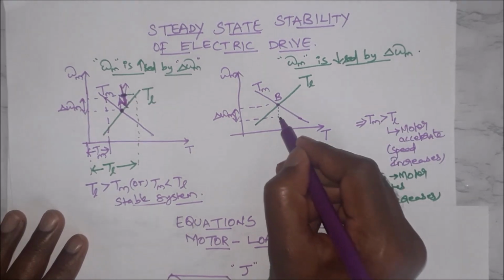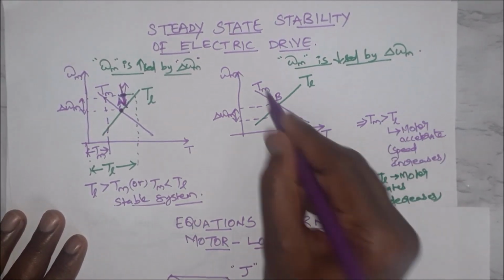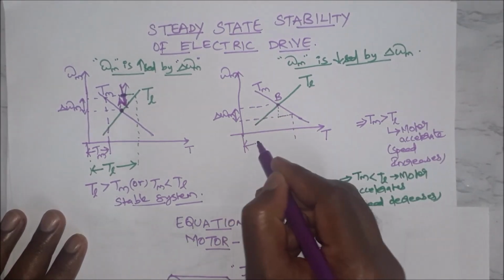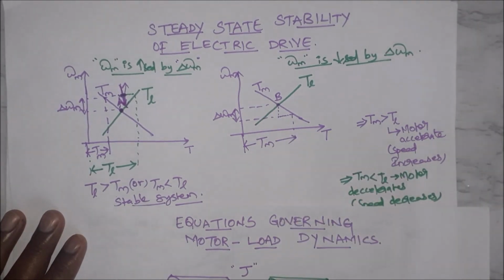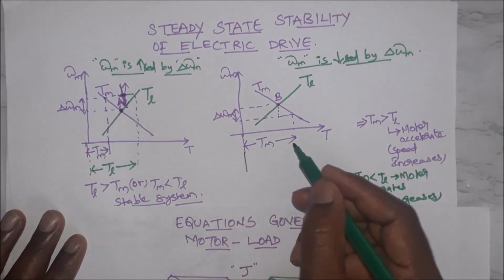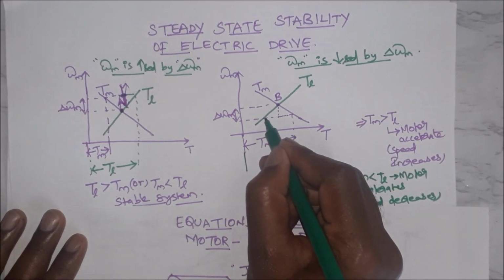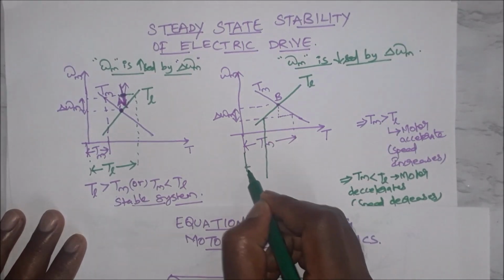First let me calculate the value of the motor torque. You just stretch this line towards your motor torque Tm. This much is your motor torque. In the same way you calculate the value of the load torque also. So you stretch this line towards this load torque characteristics and you get this.